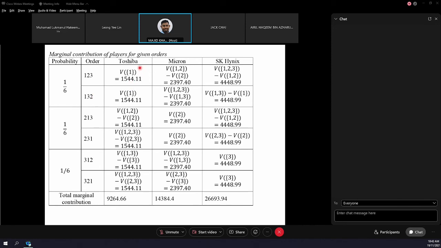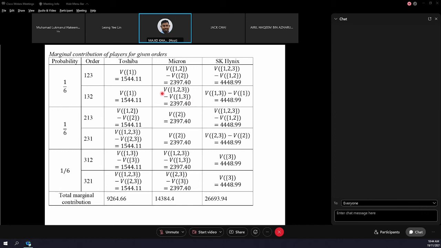Remember Toshiba refers to player 1, Micron refers to player 2, and SK Hynix refers to player 3. When you look at Micron just now, it was supposed to have player 2 come in first. But since now player 3 came in after 1, we need to calculate the marginal contribution of player 2.